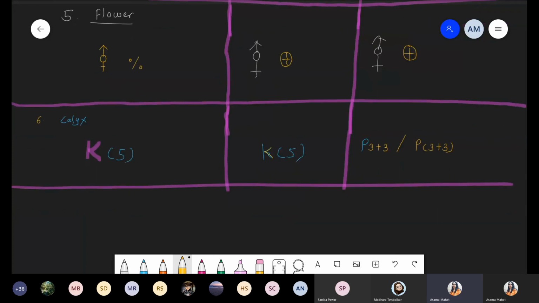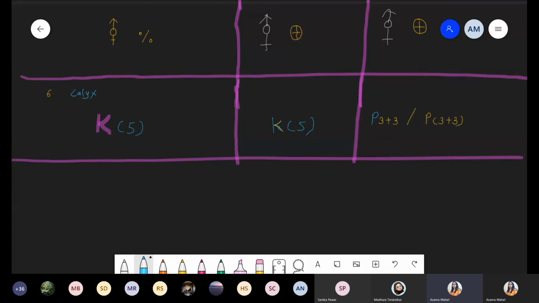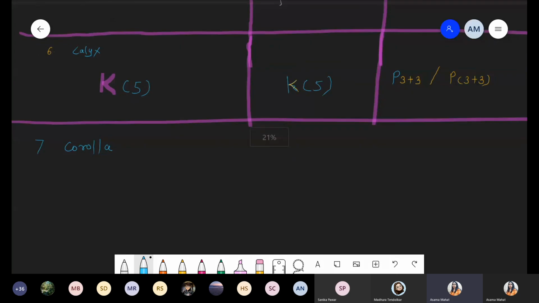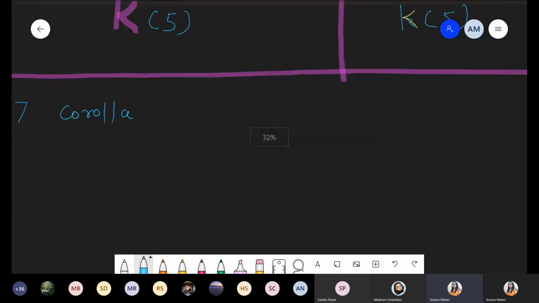Now, after this calyx, number 7 is the corolla. Presence of corolla, and we know that in single letter code, corolla is represented by capital C. I hope you remember. Specifically, inside this Fabaceae family, there is a presence of vexillary aestivation.